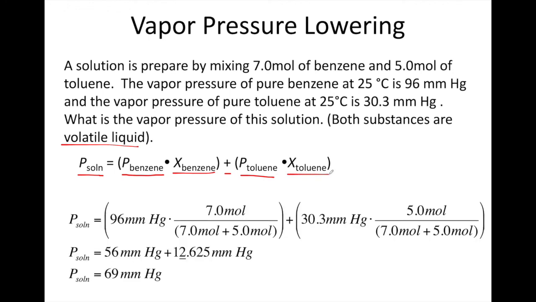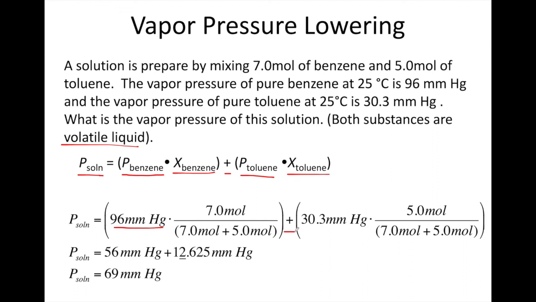So let's take a look at the numbers here. Our vapor pressure is going to be 96 millimeters of mercury, that's given, and the mole fraction of benzene, we take the moles of benzene divided by the total moles. Now we don't have to worry about Van't Hoff factor here because both substances are volatile and they're organic molecules, so they do not dissociate, and so our Van't Hoff factor is 1.